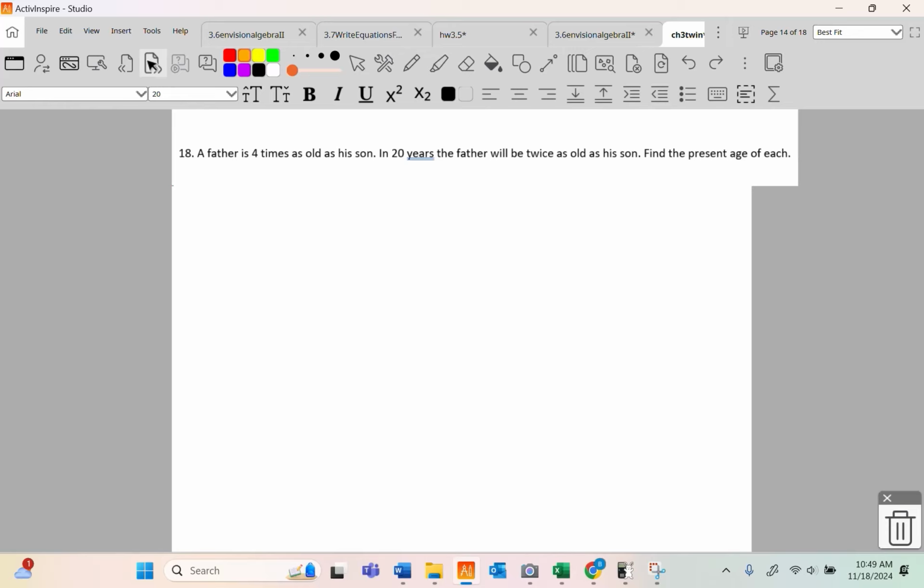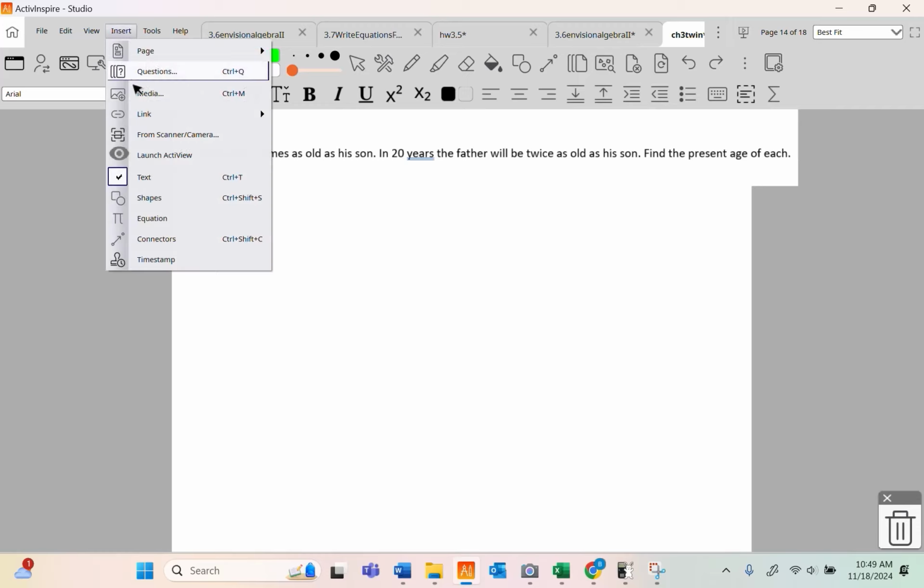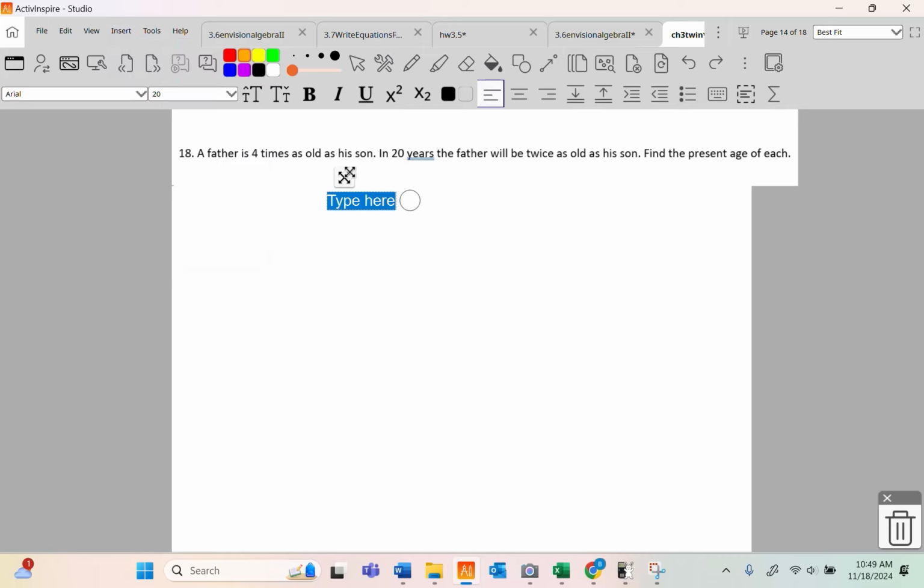Play along. Father is 4 times as old as his son. In 20 years, the father will be twice as old as his son. Find the present age of each. Yeah, these can be fun, especially if they're not multiple choice. So a father is 4 times as old as his son. So this is about writing equations in equality.